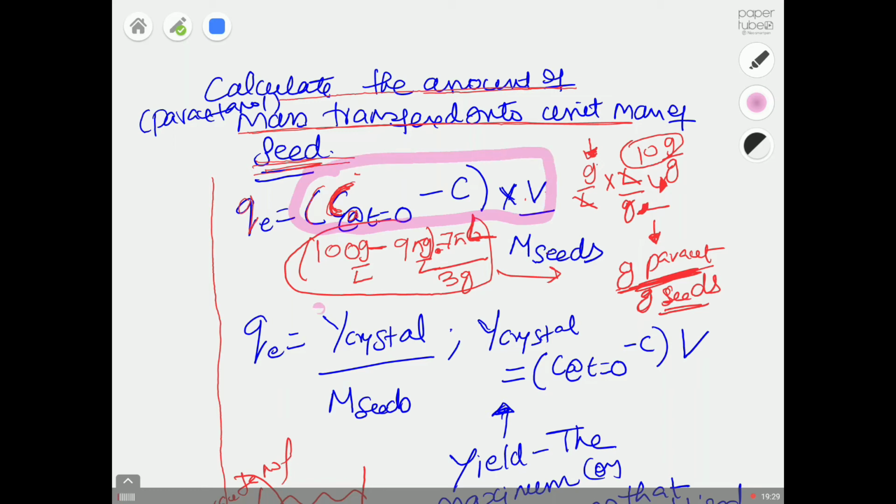If you want, we can call this crystal yield. So this one will give how many kilograms or grams of crystals you can get from that crystallizer. So this will be your theoretical yield.